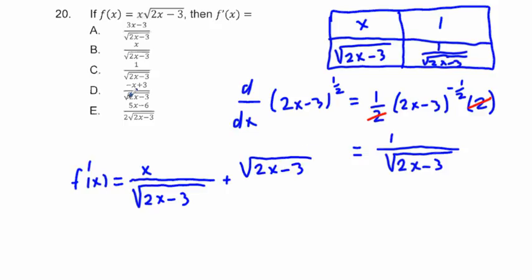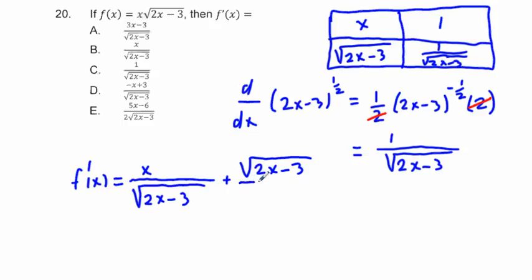Now if you look at our answer choices here, A through E, we don't have two terms. We need to have a common denominator. Well, this kind of stumped me. So we're going to get our common denominator of the square root of 2x minus 3.